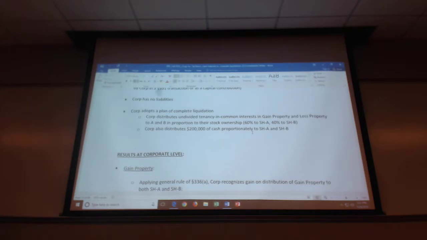Both of their names would be on the deed. And the $200,000 of cash in this example is assumed to be distributed pro rata, so each shareholder gets his or her proper net value. Everyone follow the facts?